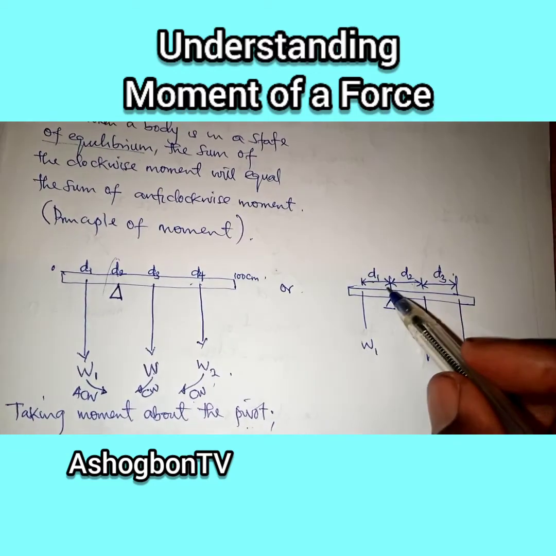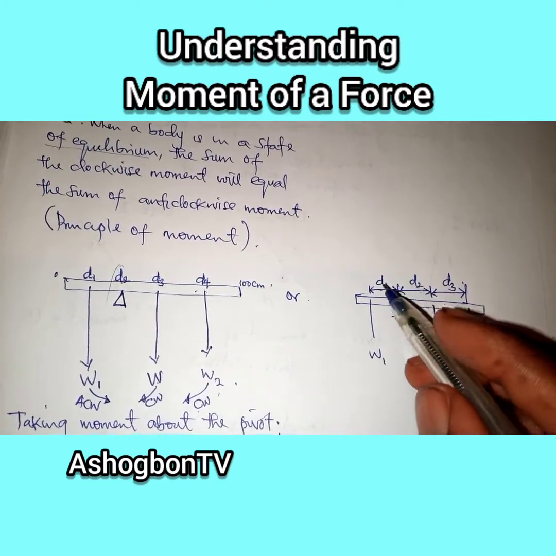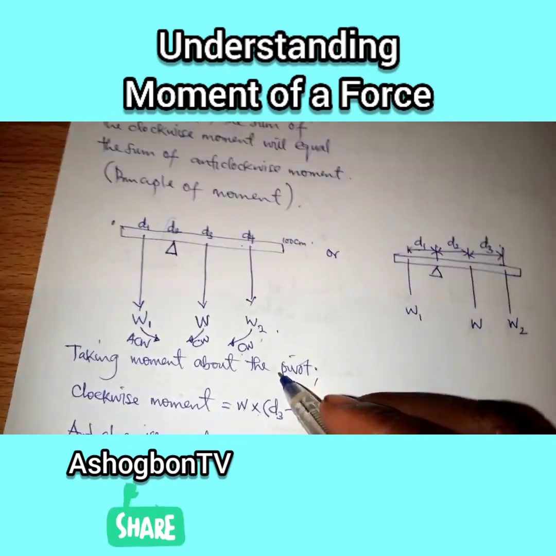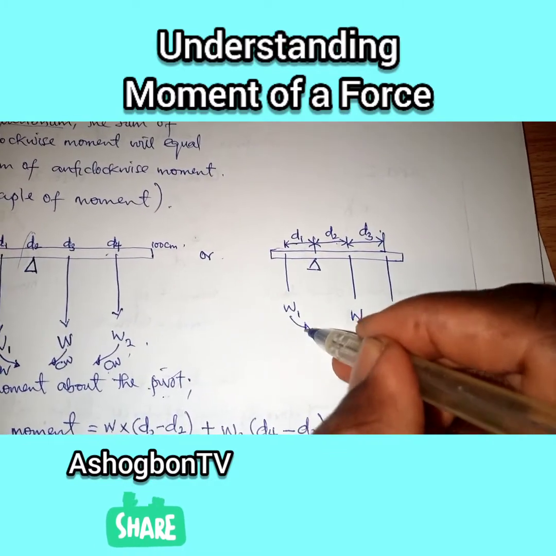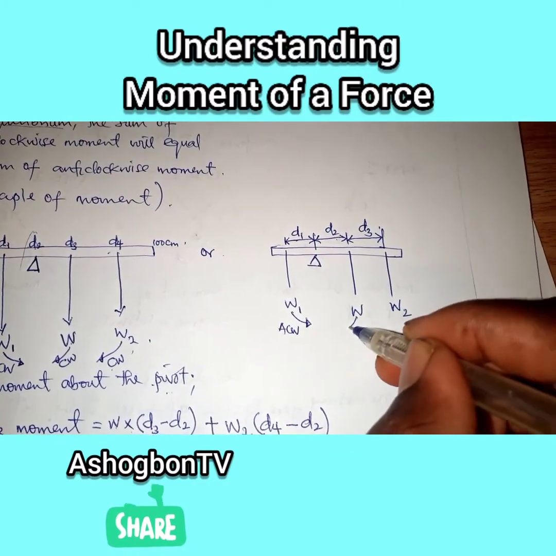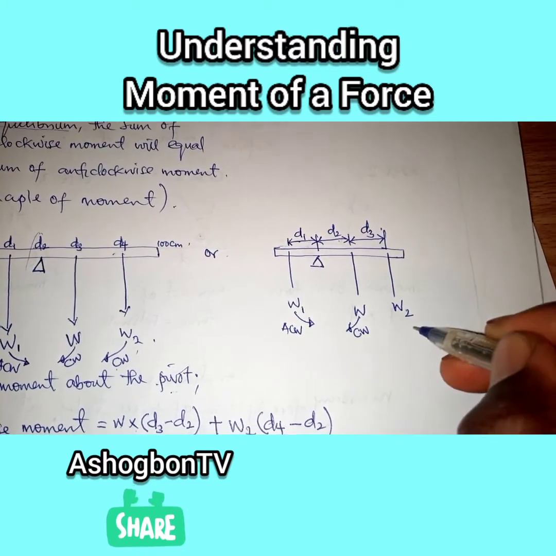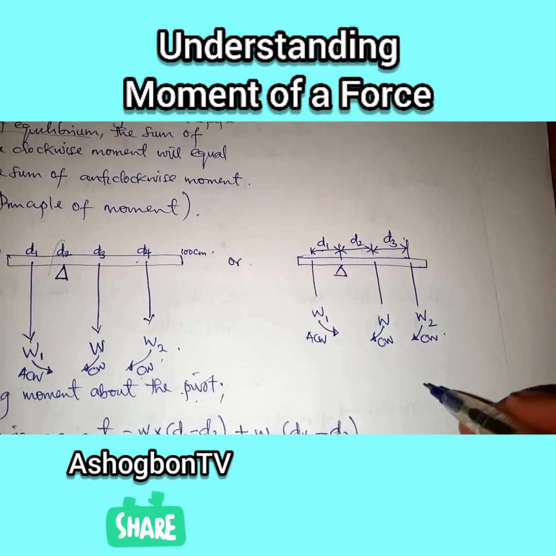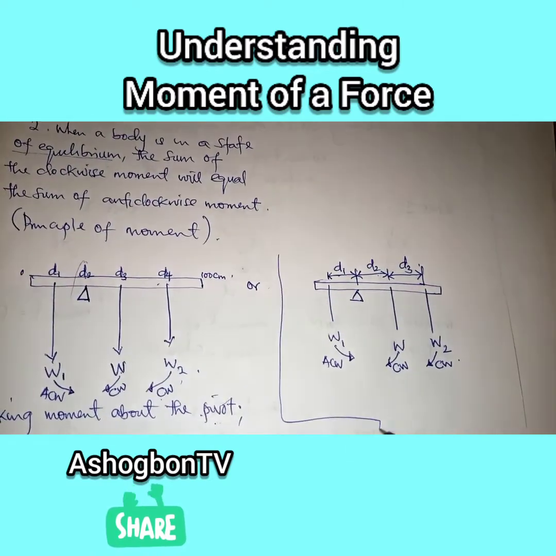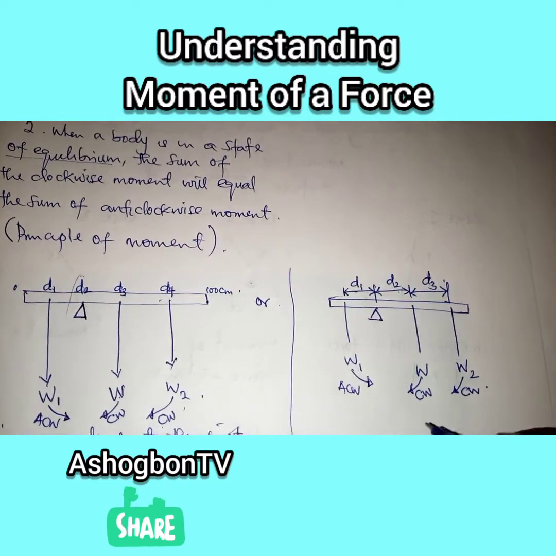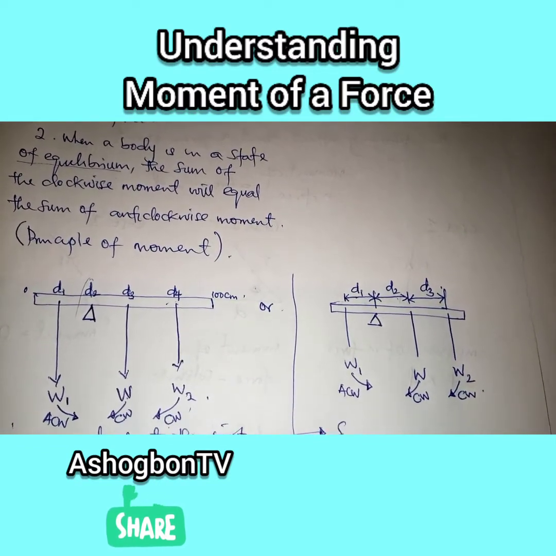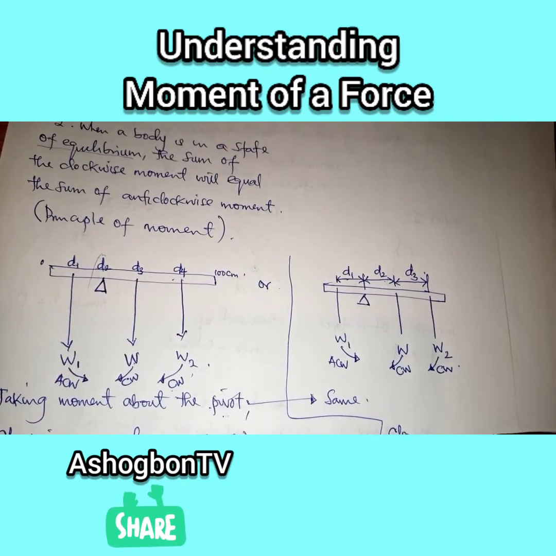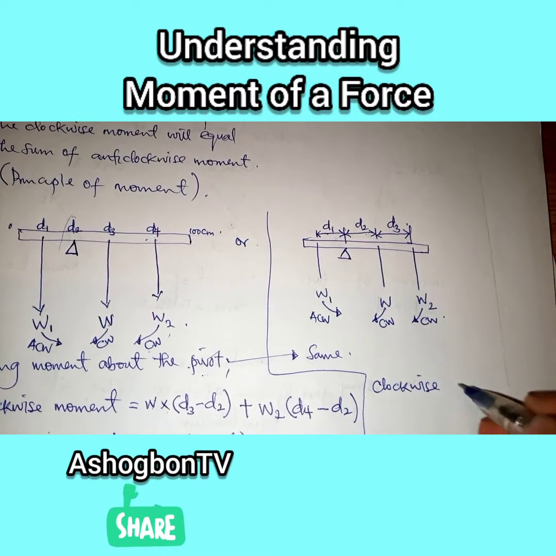So if you are given the distance, you can go ahead and use the distance straight away. So how do I mean? We are still taking moment about the pivot. So here you have your anti-clockwise moment. Clockwise, yes, you talk about the clockwise here, and here is also in the clockwise direction. So let's say we are taking the same condition. Let's take our clockwise moment.